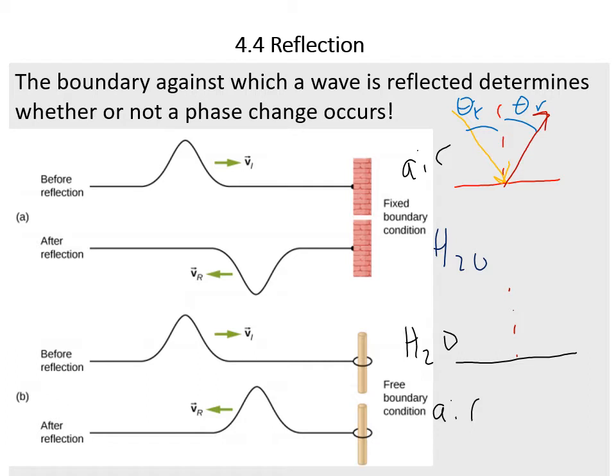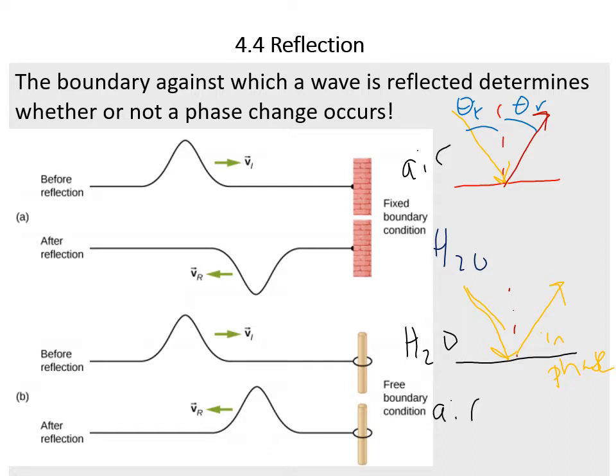So I can have light coming towards the normal here, and when the light reflects off of the boundary from water to air, there is no phase shift. The rays are still in phase, no phase shift. And this occurs because air is like a free boundary compared to water.